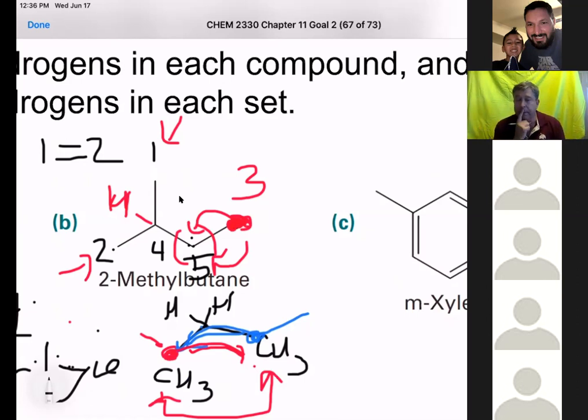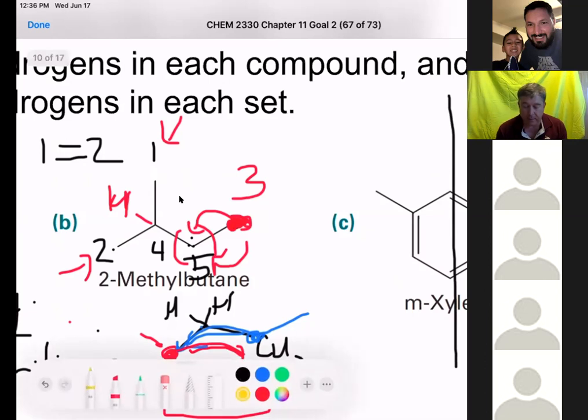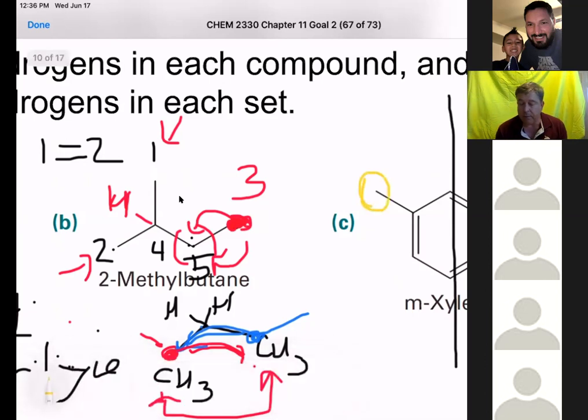If we look at this, we have symmetry here, right? If we drew a line down the middle of it, we have symmetry, which means this methyl group is going to be equivalent to that methyl group.